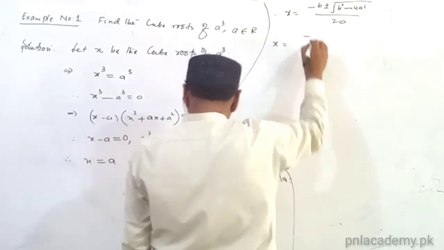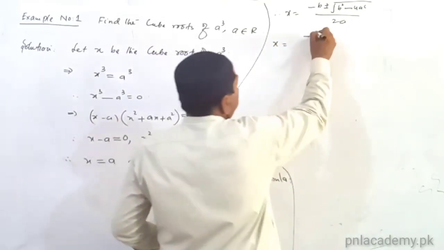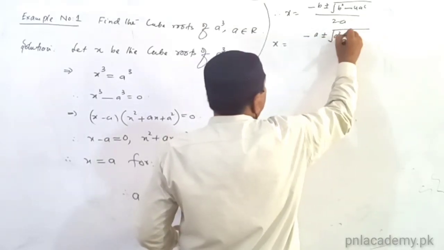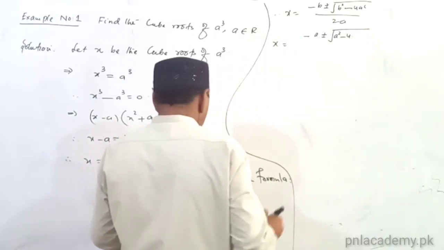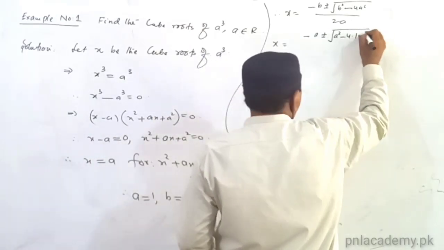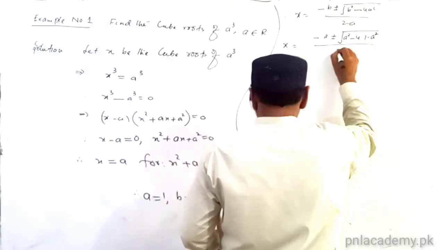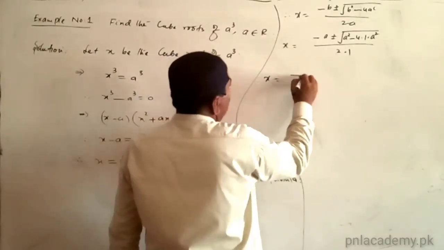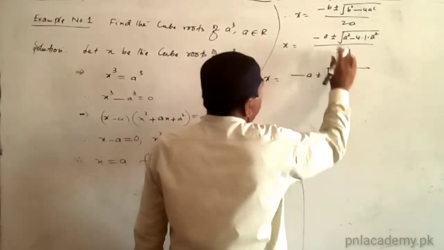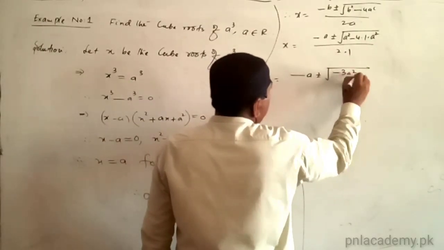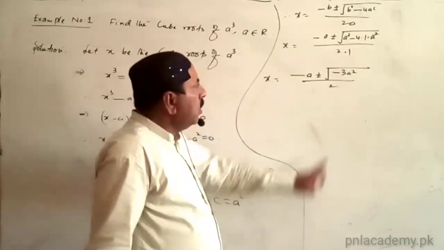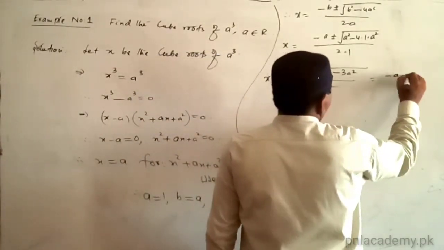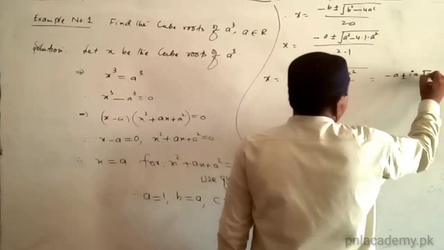The value of x is equal to minus a plus or minus radical a square minus 4 times 1 times a square upon 2 times 1. So x is equal to minus a plus or minus radical 4a square minus... minus 3a square upon 2, which is minus a plus or minus iota a radical 3 upon 2.